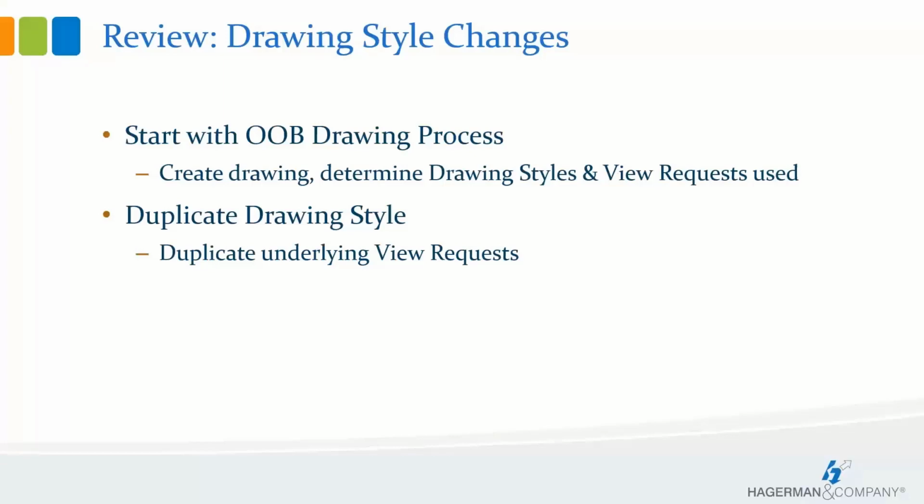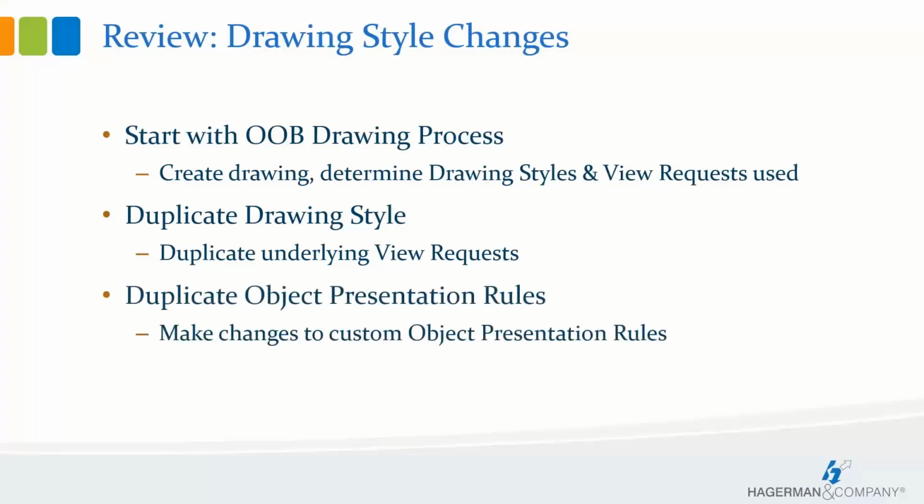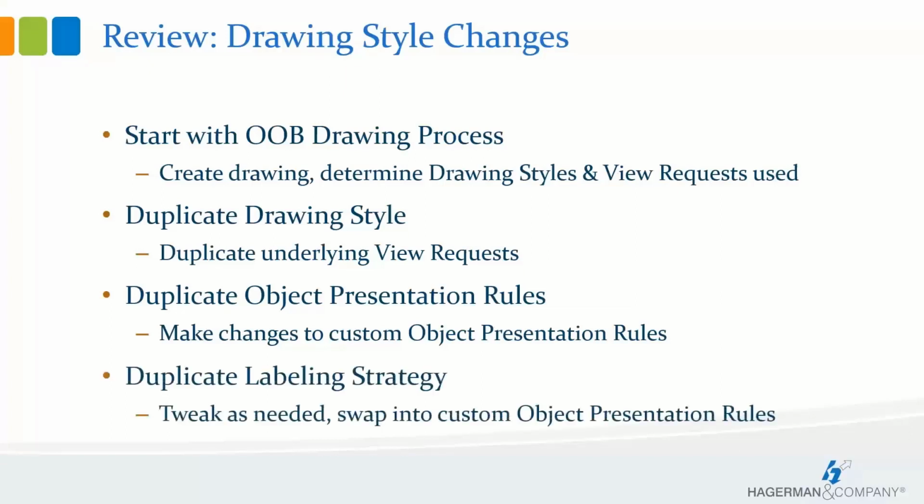After we created the new view requests, we created a new object presentation. And under there is where we made our first actual change, and that was to plug in a label for the main part.